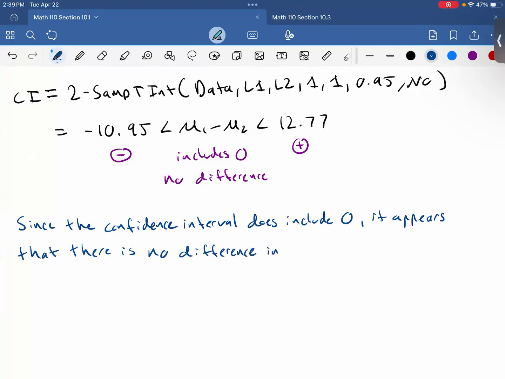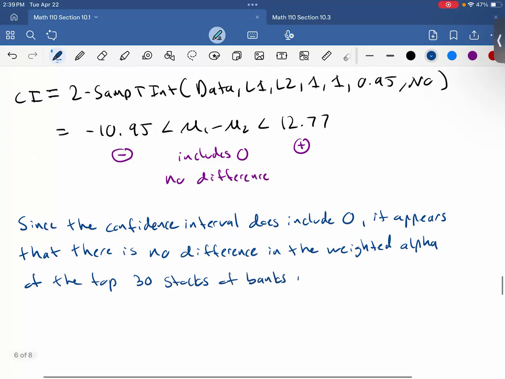in the weighted alpha of the top 30 stocks of banks in the Northeast and in the West.